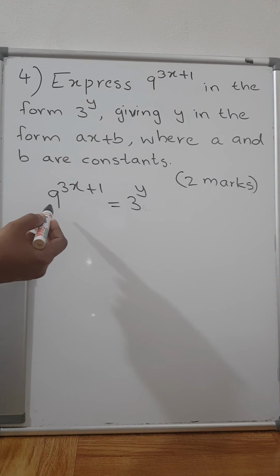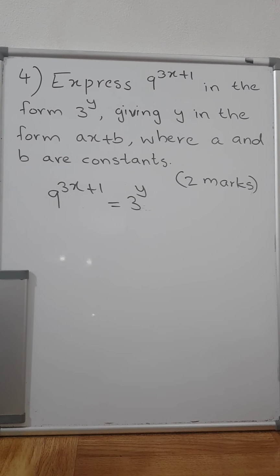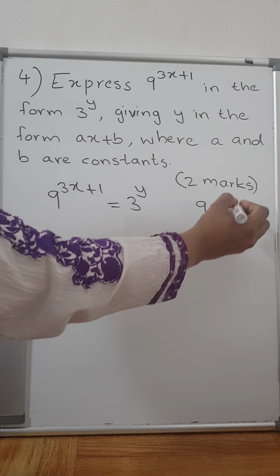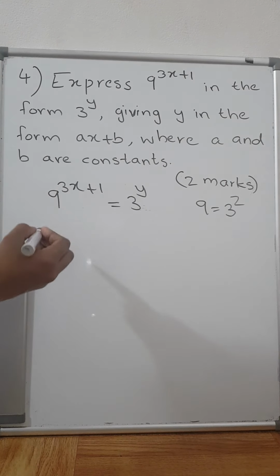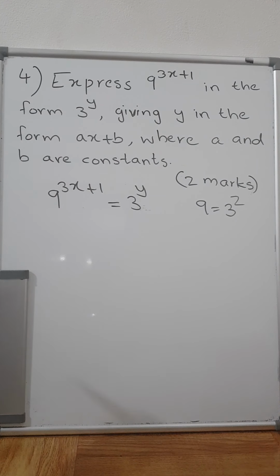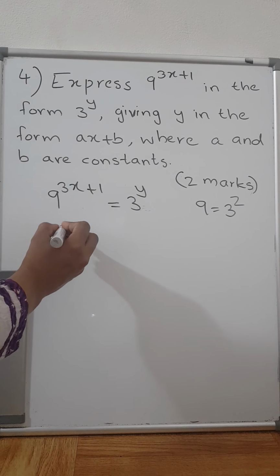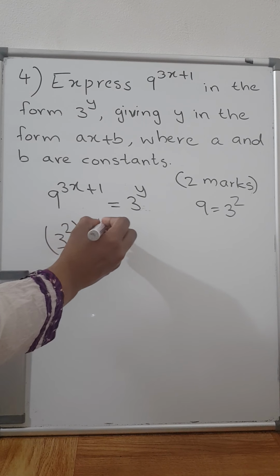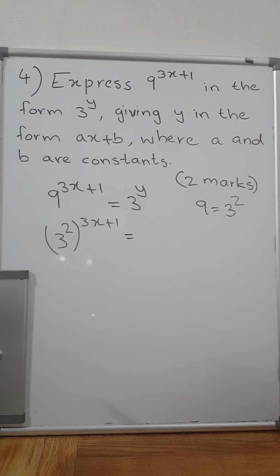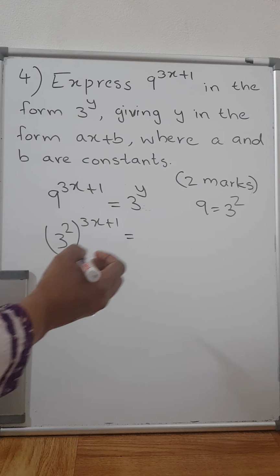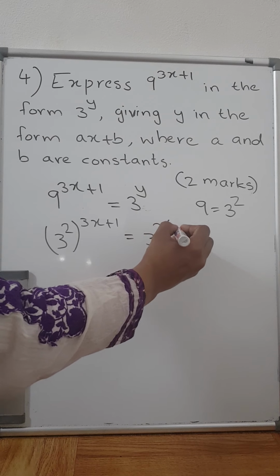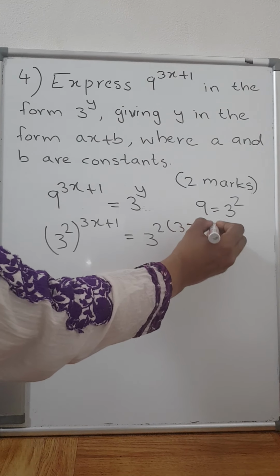For that, 9 we have to write with the base 3. We know that 9 is equal to 3 square. So we can write 9 to the power 3x plus 1 as 3 square to the power 3x plus 1. On applying the power law in indices, we get it as 3 to the power 2 times 3x plus 1.